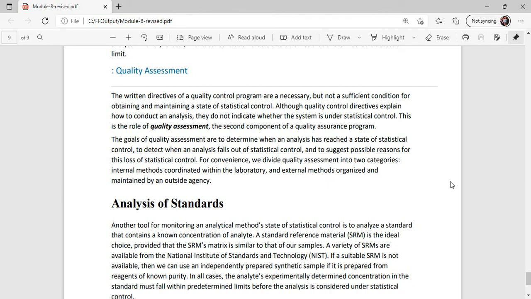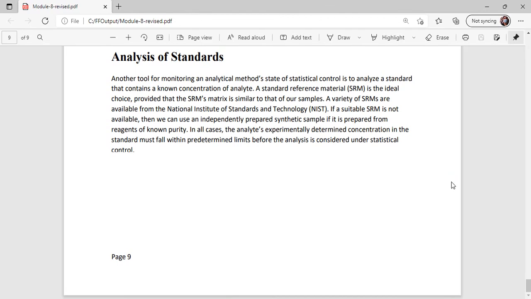For convenience, we divide quality assessment into two categories. You have internal methods coordinated within the laboratory and external methods organized and maintained by an outside agency. So you have analysis of a standard. Another tool for monitoring whether an analytical method is in statistical control is to analyze a standard that contains a known concentration of your analyte. A standard reference material, or SRM, is the ideal choice, provided that the SRM's matrix is similar to our samples.